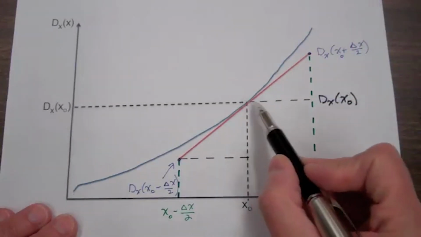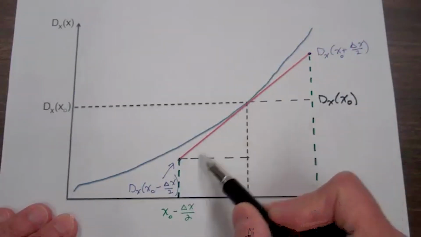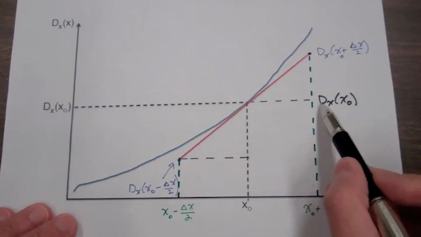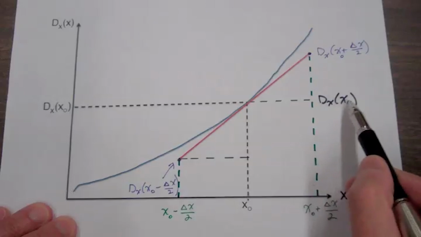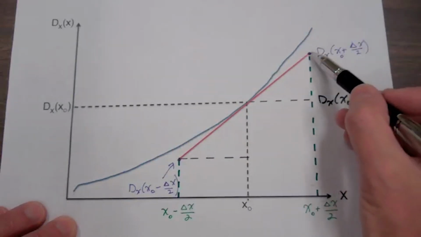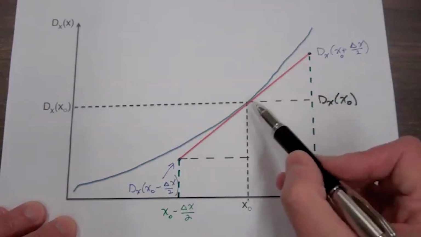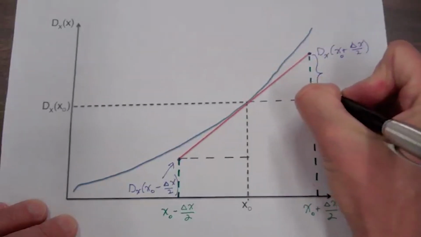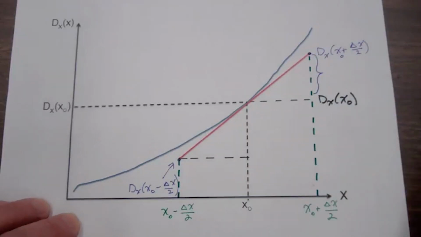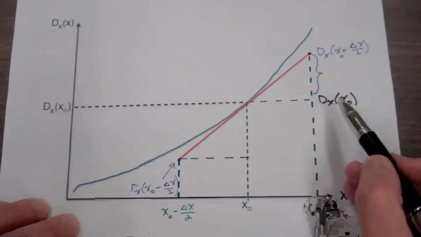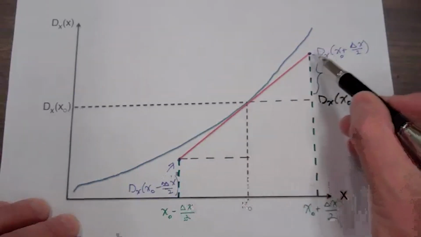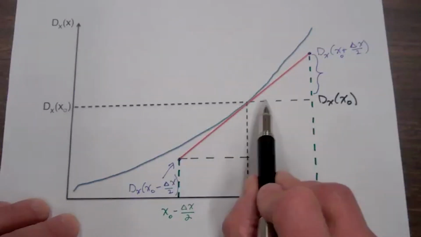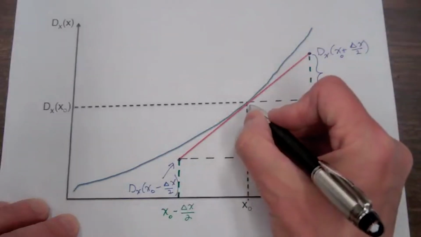Now let's look at these two right triangles. This level right here is the value of the electric flux density field in the center of the cube. To estimate the value at the front face, we add to it this side of the triangle, which is just the slope of this line times this side of the triangle, delta x over 2.